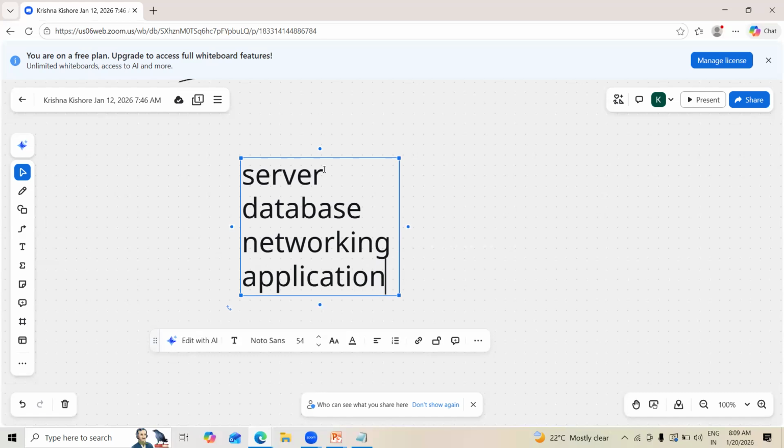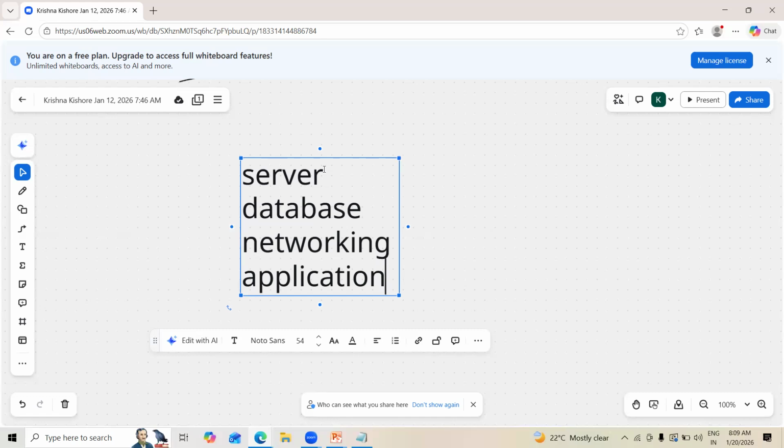So how are these services integrated? How can the server connect to the database, how can applications be hosted on the server, how can we reach and access the server, how do we access the application, how does this application connect to the database?